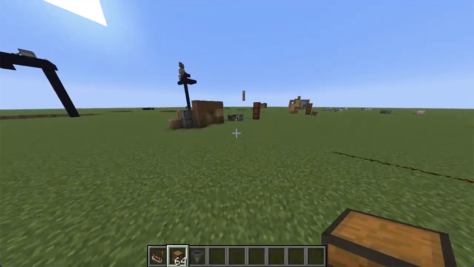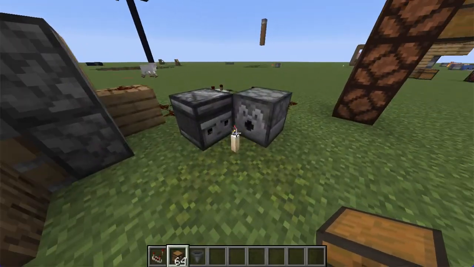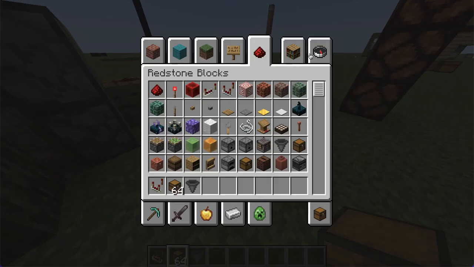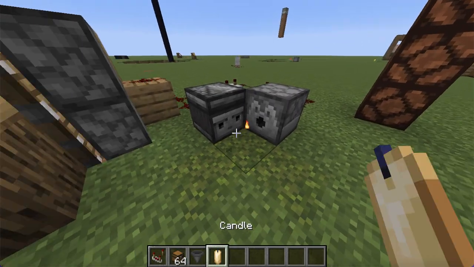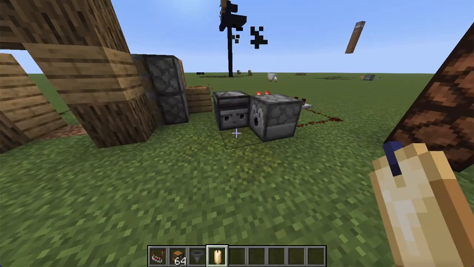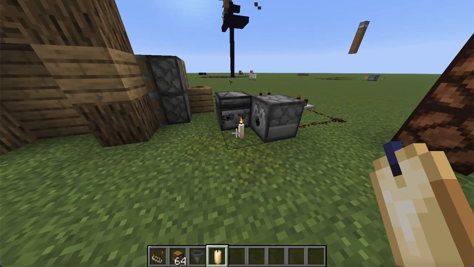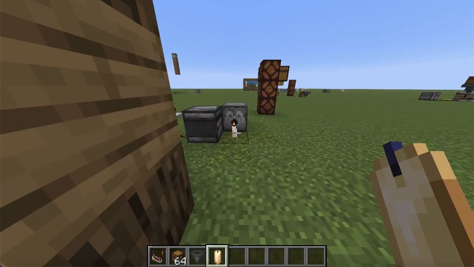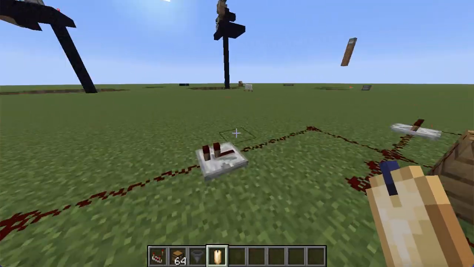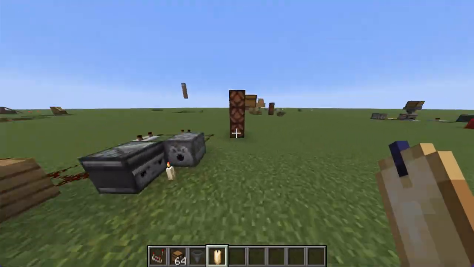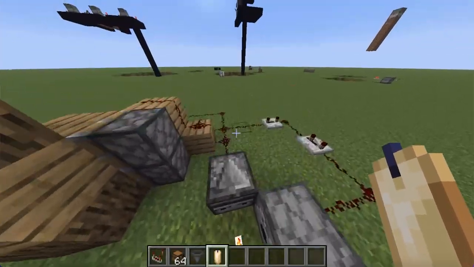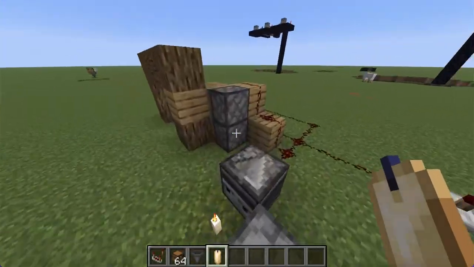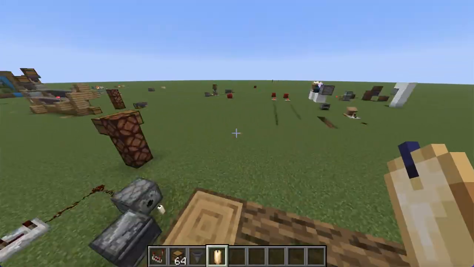How about we try to fix the door? The door works by a candle now. If I just grab a candle. Okay, so the way that this clock works isn't very good because you can often cause an observer clock, and that's not the most pleasant thing for anyone's ears, per se.